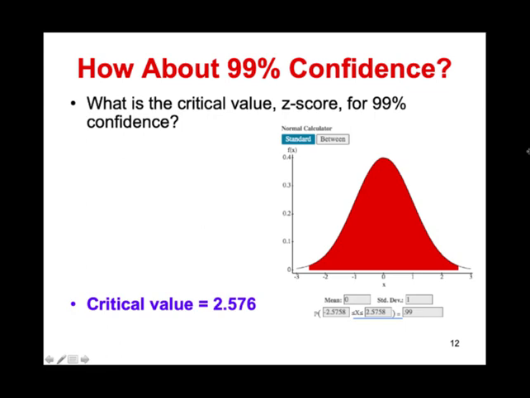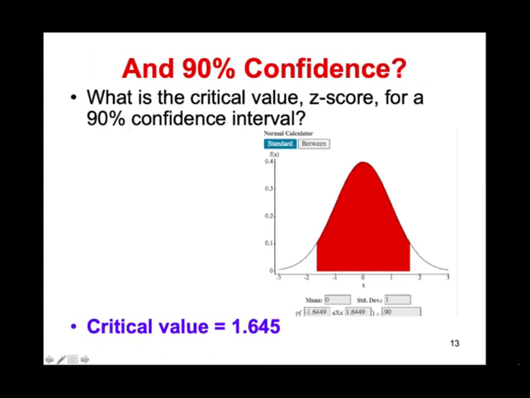So what about the z-score for a 99% confidence interval? Again, I will use StatCrunch and pick calculator normal. And this time, for the area, I'll type in 0.99, and it reports back a z-score of 2.576, rounded to 3 decimal places.